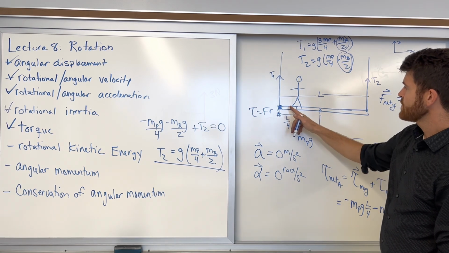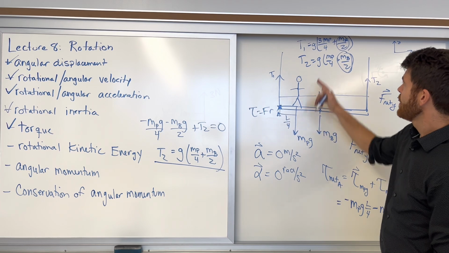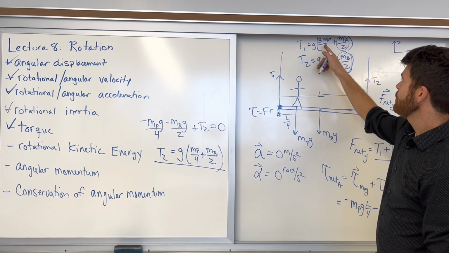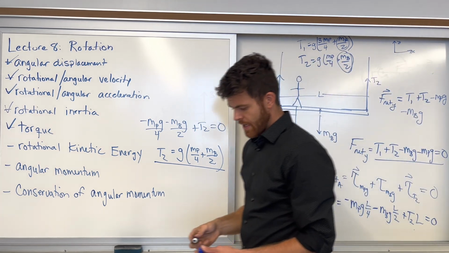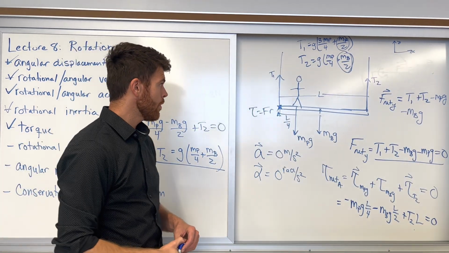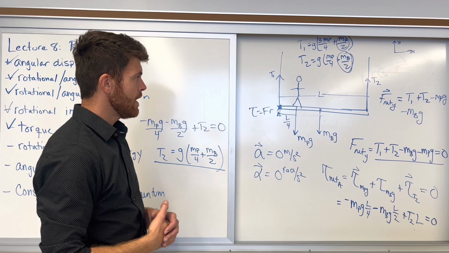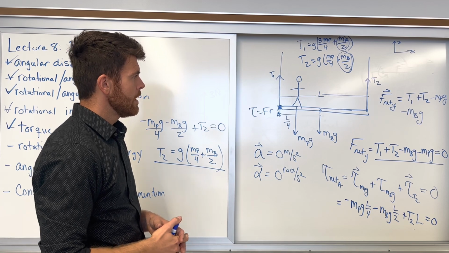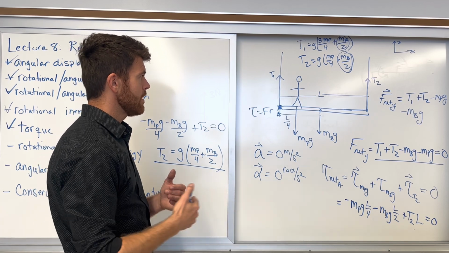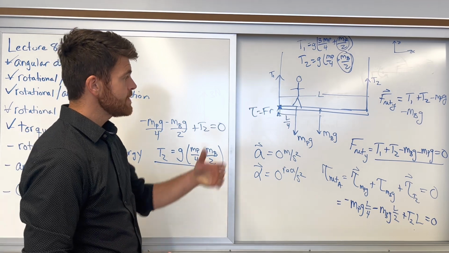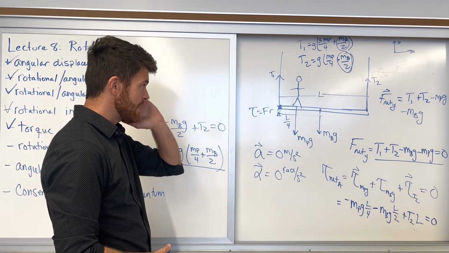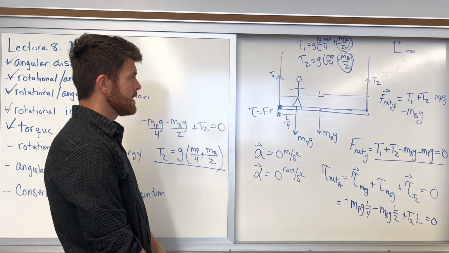Or if they were a third, this would be 2/3 and this would be 1/3. So those tensions support the amount of weight of the person depending on how close that person is to each cable. So this is how we could solve problems using expanded free body diagrams.